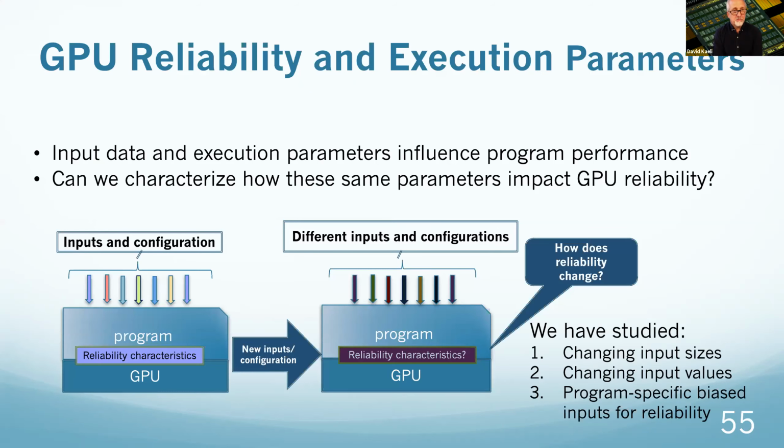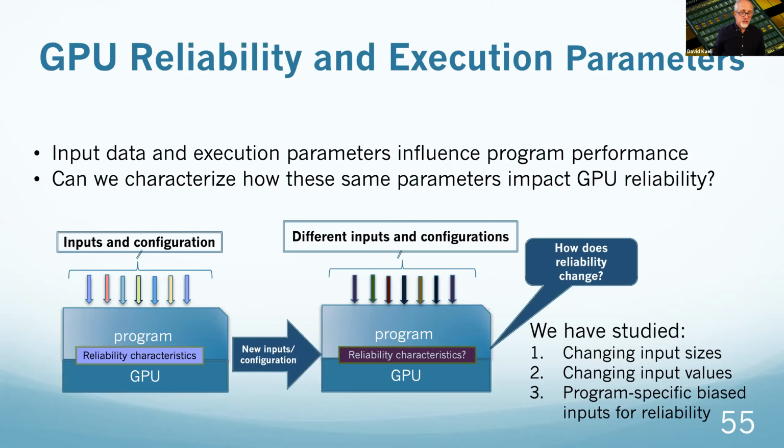So, in terms of how reliable a particular system is, we wanted to see how input data to a GPU program and its execution parameters influence the program performance as well as GPU reliability.